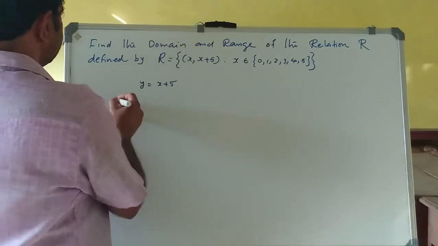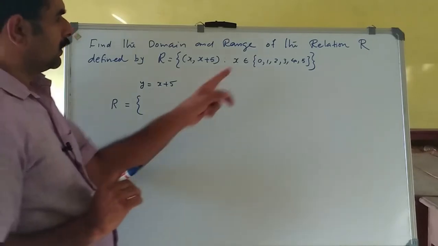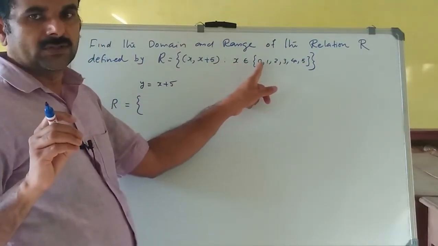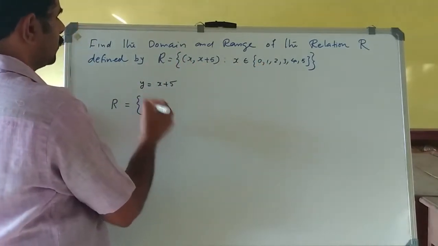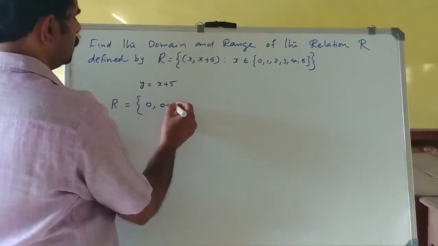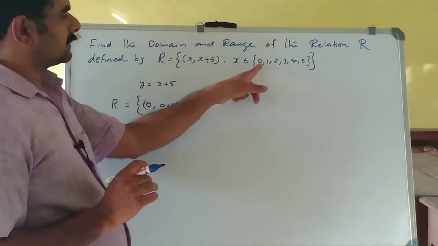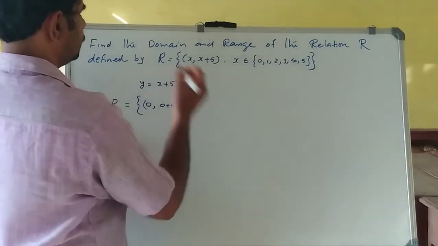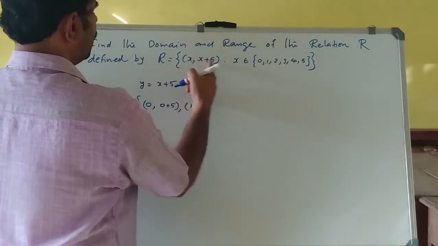Let us take this relation in set builder form. You can take x values from this set. The first value for x is 0, so you put 0 here: (0, 0 plus 5). Then 1: (1, 1 plus 5).